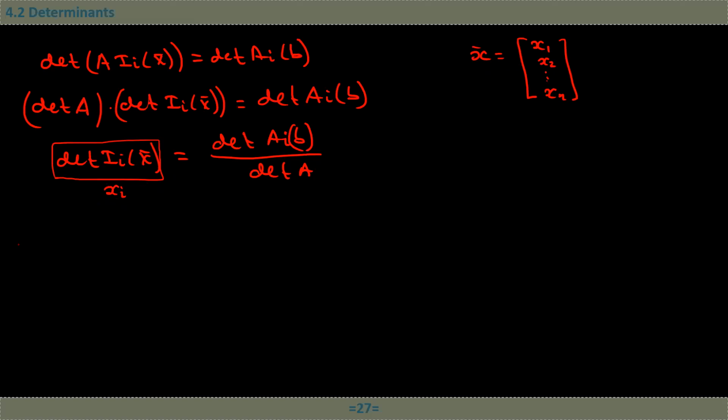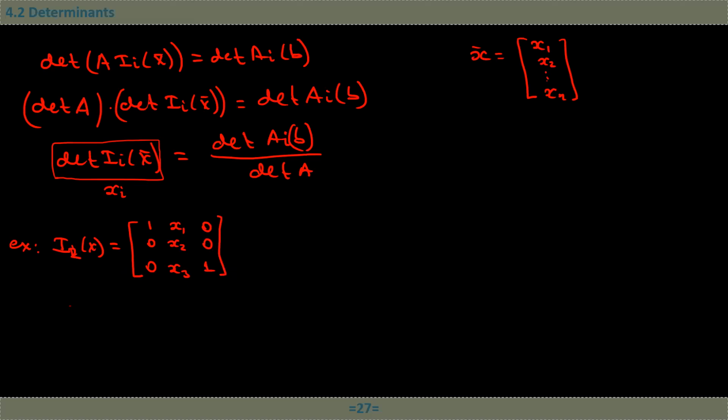Let me show you in one example. Here, if I is a 3 by 3 matrix, then this I_X will be something like this. Here we have 1, 0, 0, and let's say the second column is changed by this. So here we have x1, x2, x3, 0, 0, 1.